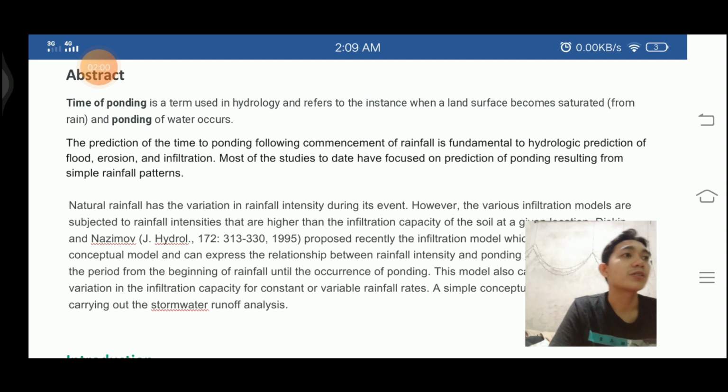Infiltration occurs when surface water enters the soil. The sponge soaks water until it can hold no more. So this is when ponding occurs. The land surface starts to pond because the soil has already reached its maximum capability and can't hold water anymore.